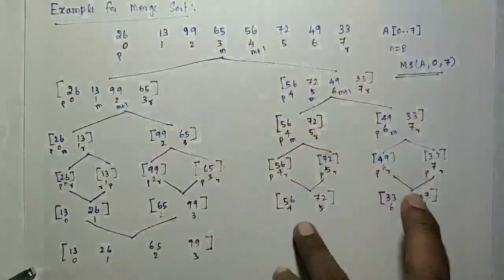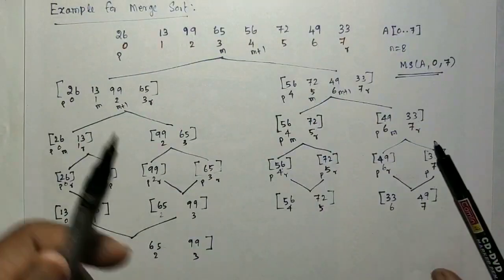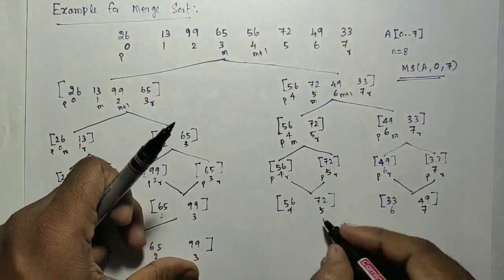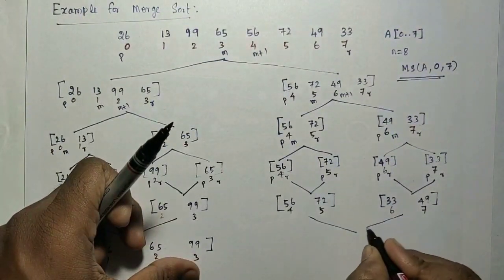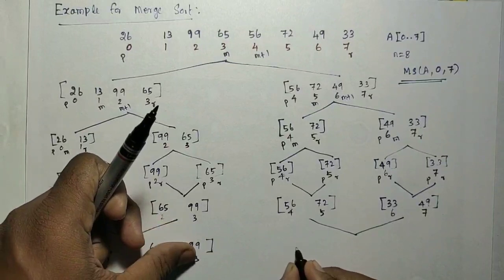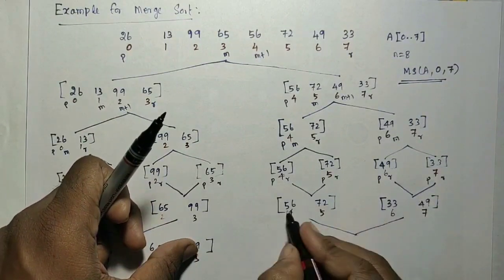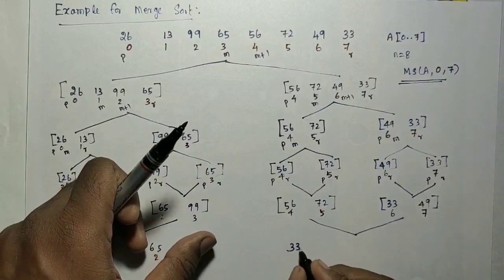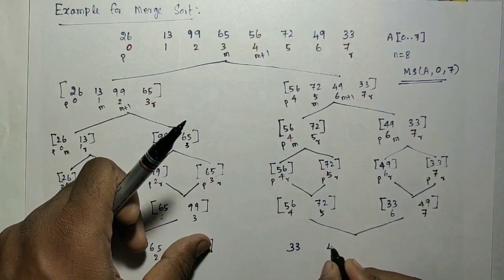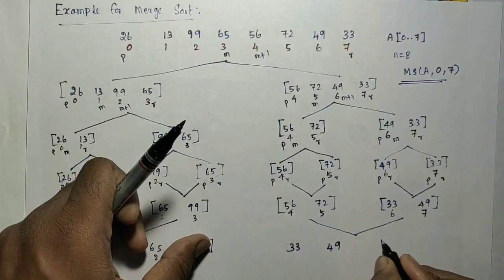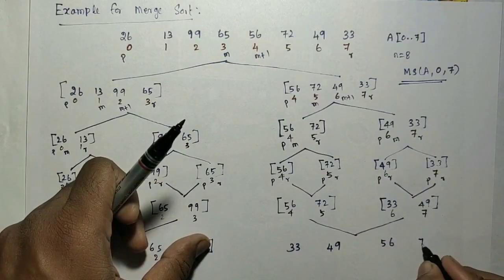Now I want to merge these two. If I merge these two, it will become 33. Here it will be merged, which means the entire 4 gets sorted: 33 and 49 and 56 and 72.